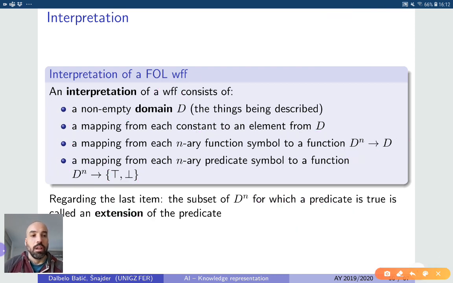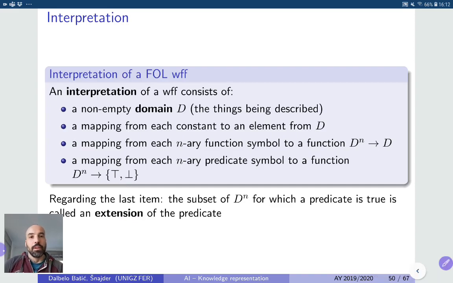Now, those combinations which evaluate the predicate to true are called an extension of the predicate. So you can think of an extension as all combinations of elements from your domain that make your predicate true, sort of all the combinations that your predicate extends over and makes true.